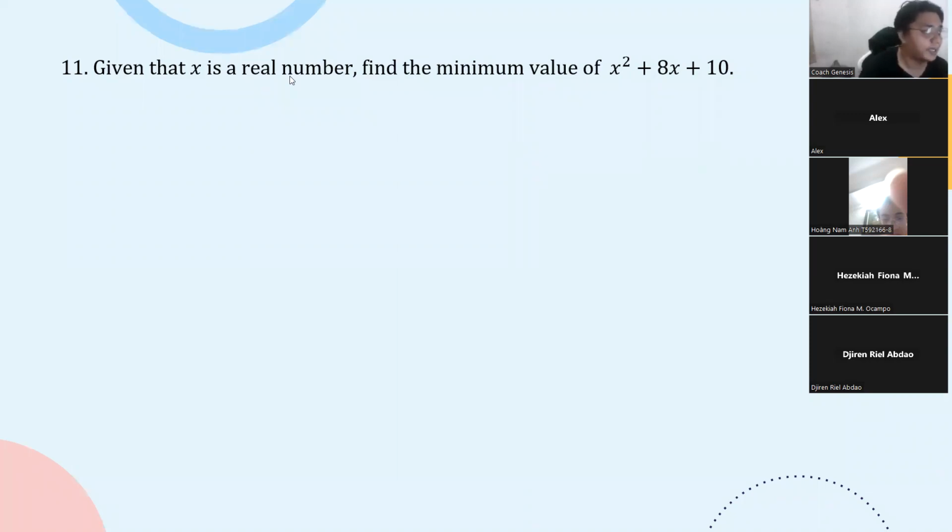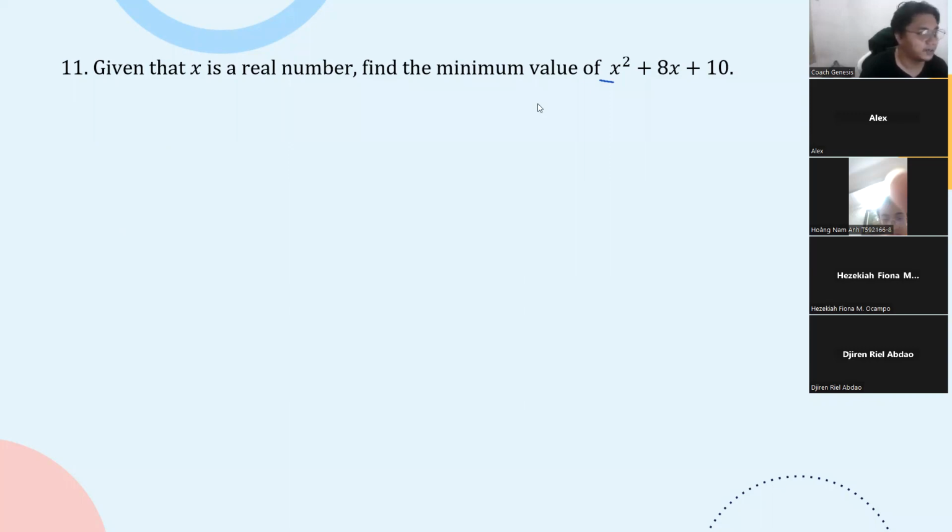A parabola opening upwards because the coefficient of x squared is positive. Now, that means that if it is a parabola opening upwards, then of course, you are sure that there exists a minimum value.